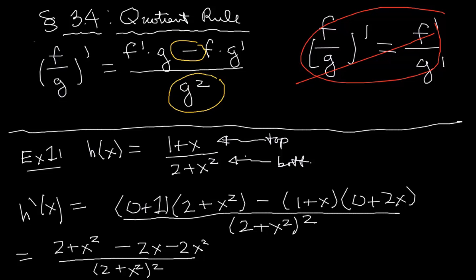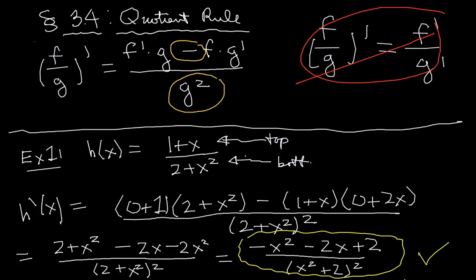If we clean the top up, you see we're going to get x squared minus 2x squared, that's negative x squared, minus 2x plus 2. And again, over, let's write it like this, x squared plus 2 squared. And so that's the final answer.